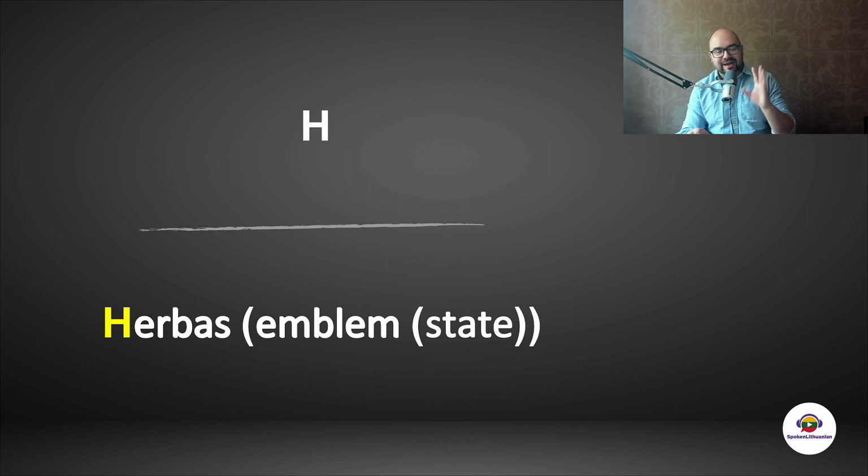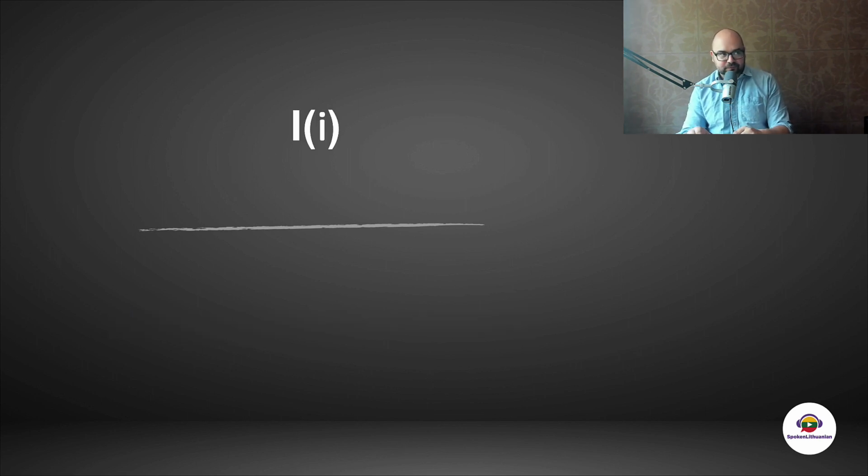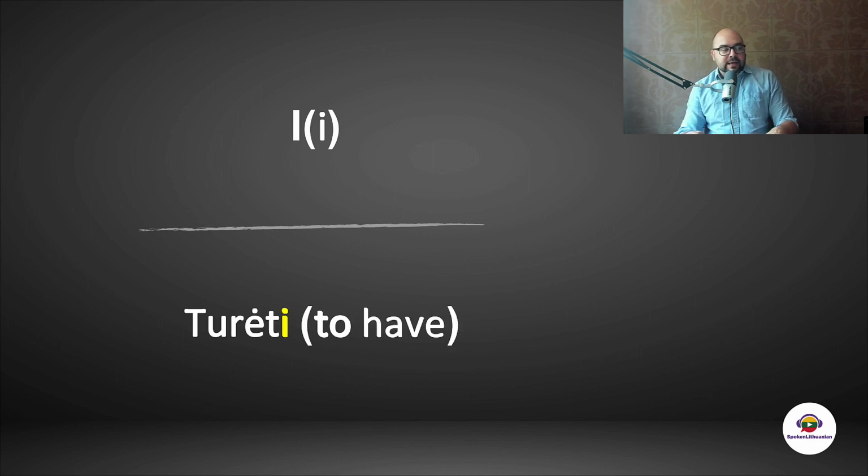Okay, like herbas. Now we have the I, which is nothing like I in English. Okay, it's I. And we even call it itrumpoji because it's the shorter I. We have the longer I, but it's like turėti. It's all the endings of the infinitive, right?